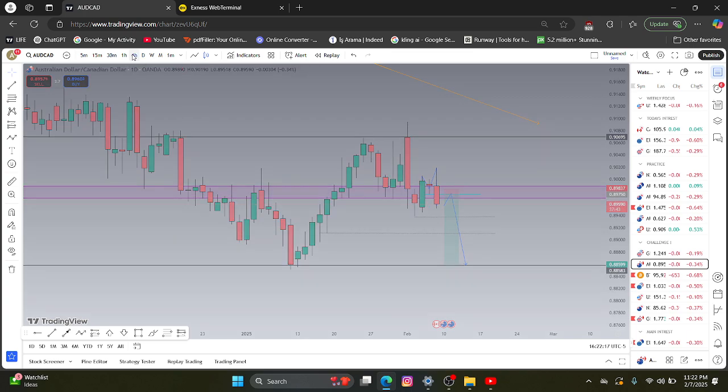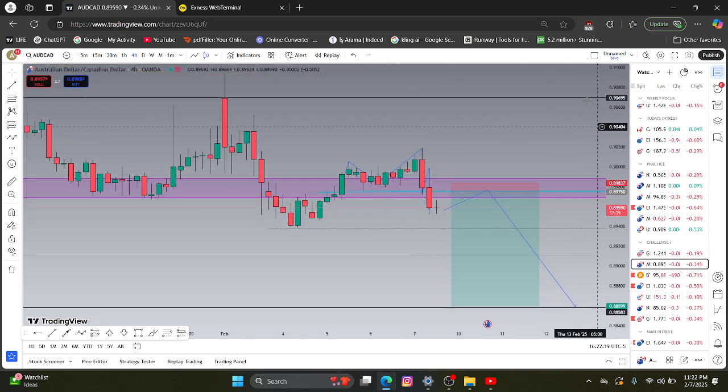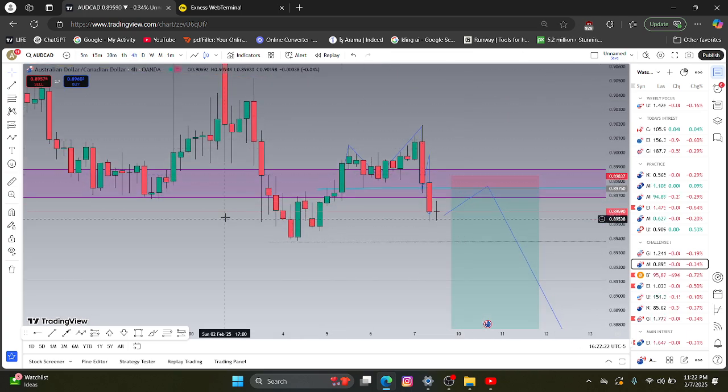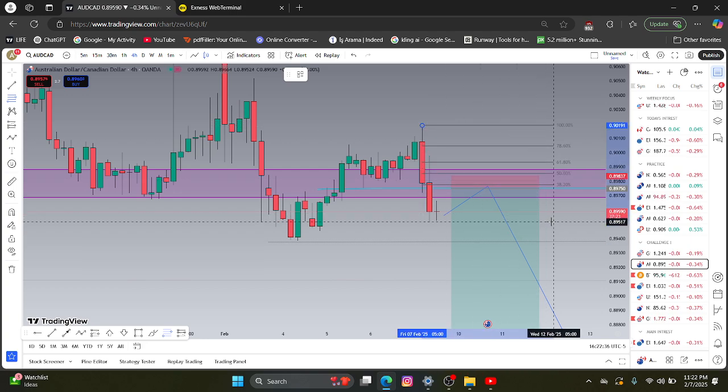Then again, if you want to do the same Fibonacci retracement I was showing you guys earlier, just to show you that it's really helpful, you can also see it's right there.